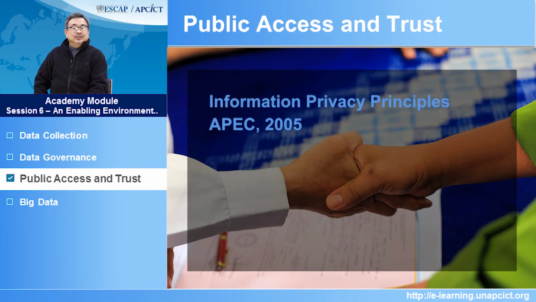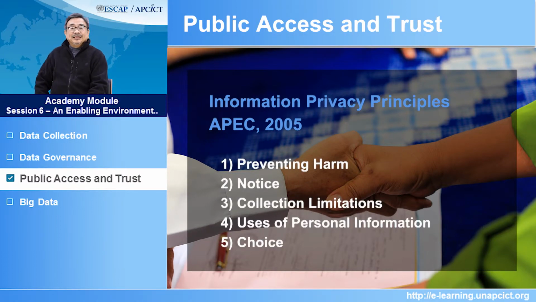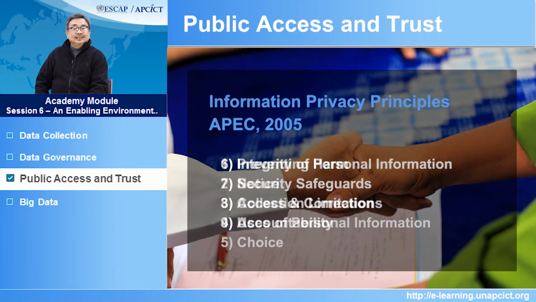APEC also issued the Information Privacy Principles in 2005, and it closely tracks the OECD Data Protection Principles. APEC's Information Privacy Principles include preventing harm, notice, collection limitations, uses of personal information, choice, integrity of personal information, security safeguards, access and correction, and accountability.